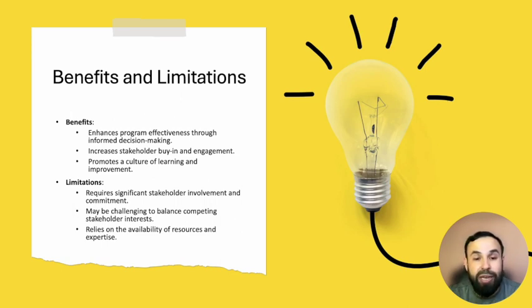Next, it also relies on the availability of resources and expertise. So if there are limited resources, then it will definitely limit the UFE's effectiveness. Those are some of the benefits and limitations of the UFE model.